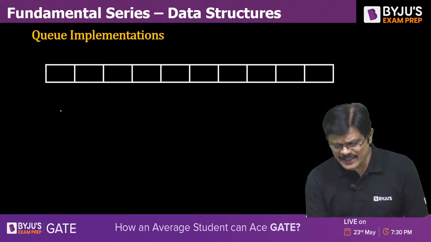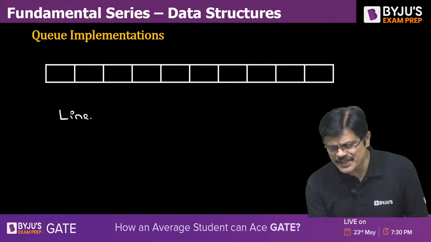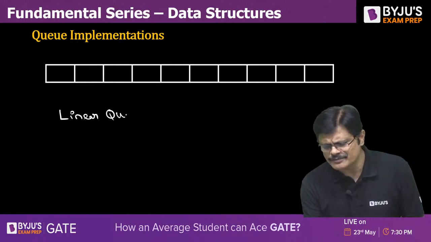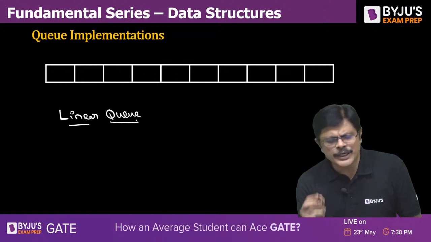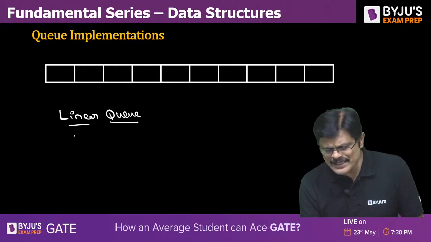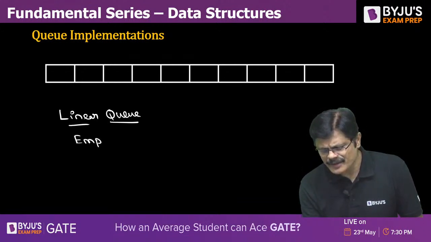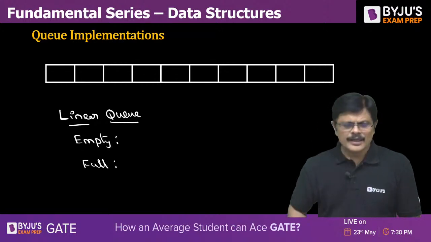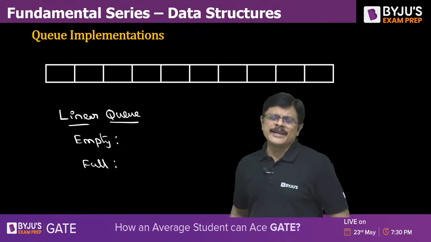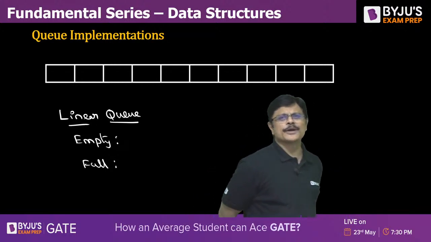If you take this linear implementation, or linear Q, you need to note the main points. What is the empty condition and what is the full condition? I repeat, what is the Q empty condition, what is the Q full condition?